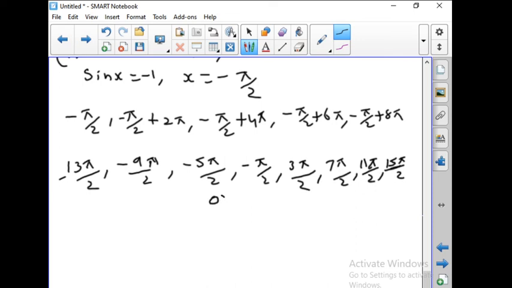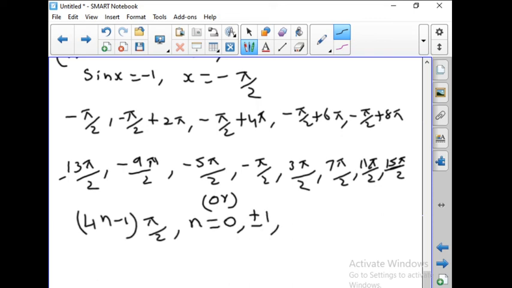Or in general we can also write this as (4n minus 1) into pi by 2, where n is equal to 0, plus or minus 1, plus or minus 2, plus or minus 3 and 4. Only up to 4 we have. We don't have minus 4 because it will go beyond minus 8 pi.